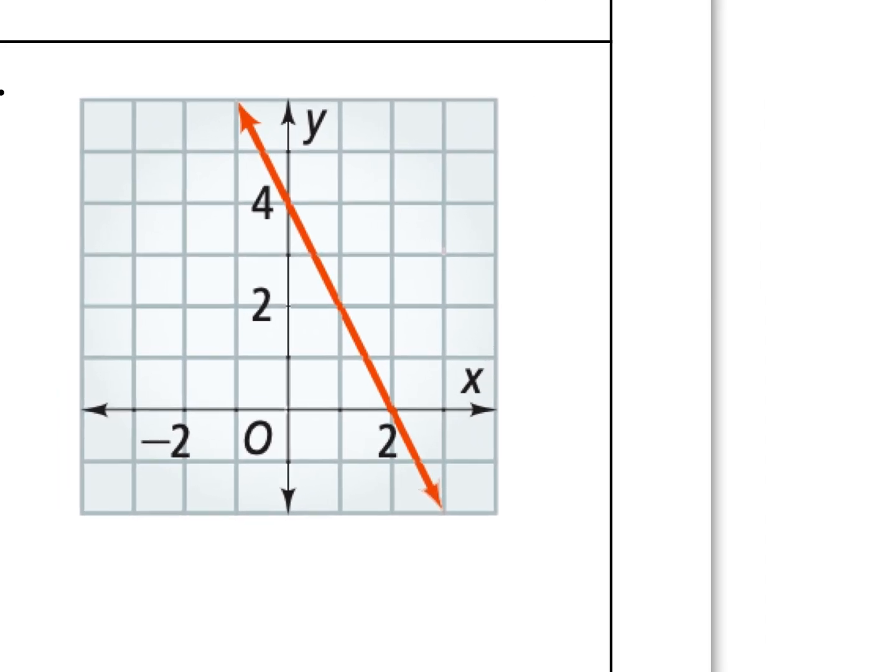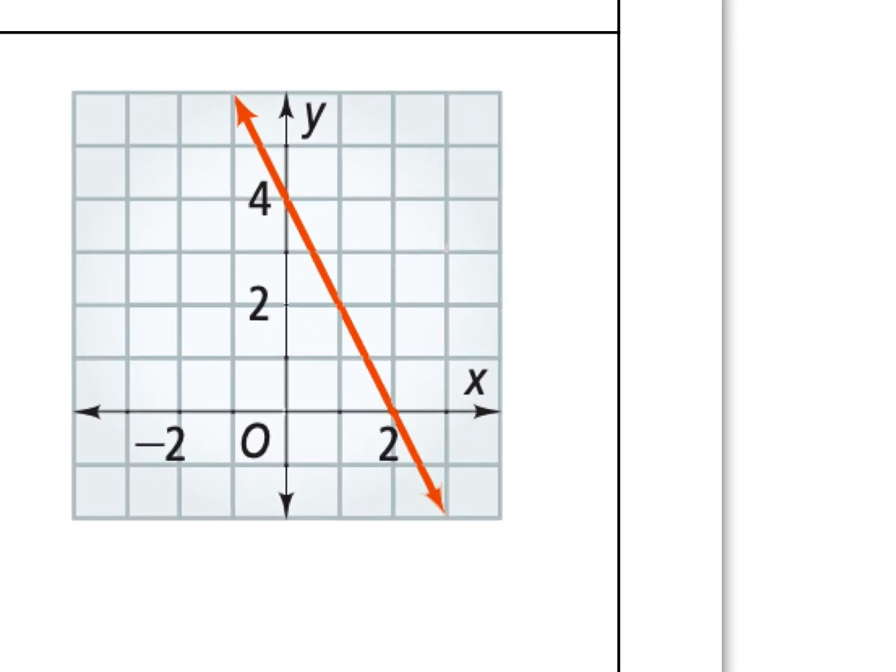The next one, number 12. Okay, I've seen my graph crossing at 4. y is equal to 4. So it means to say that my y-intercept is going to be 4. And since the slope is negative, it's going to be a negative slope in here. So let's get another point in here.